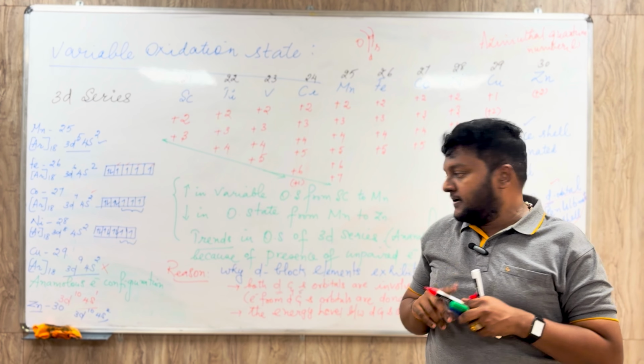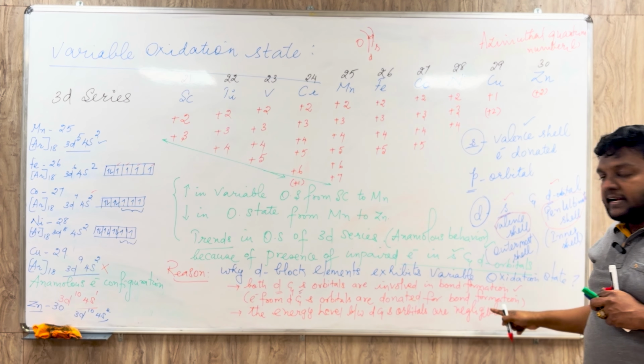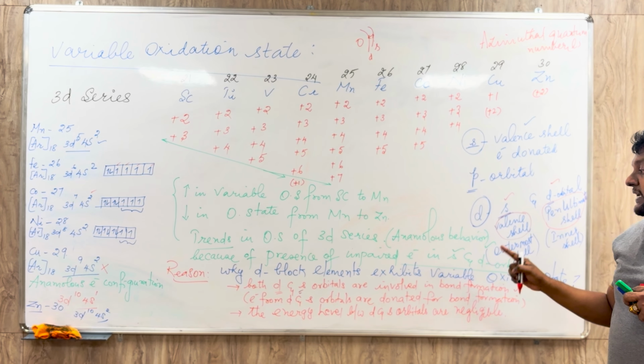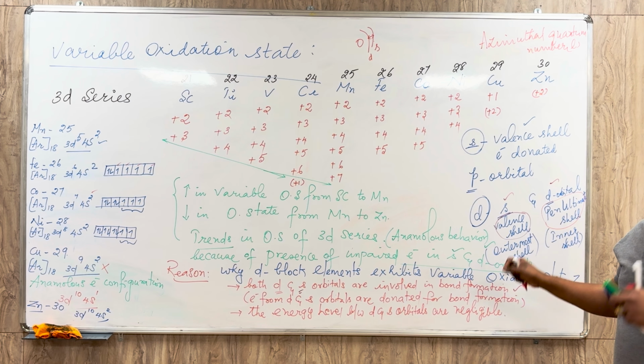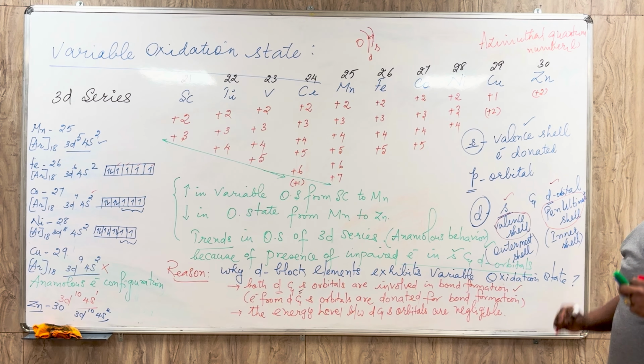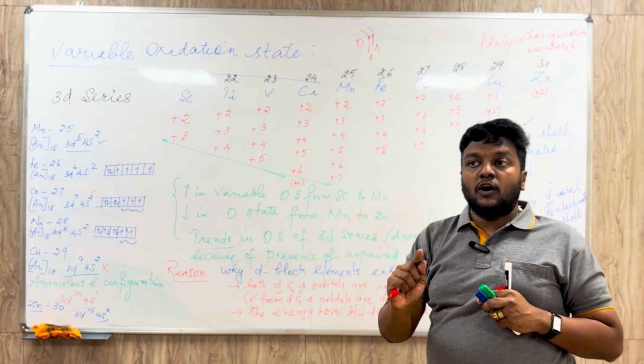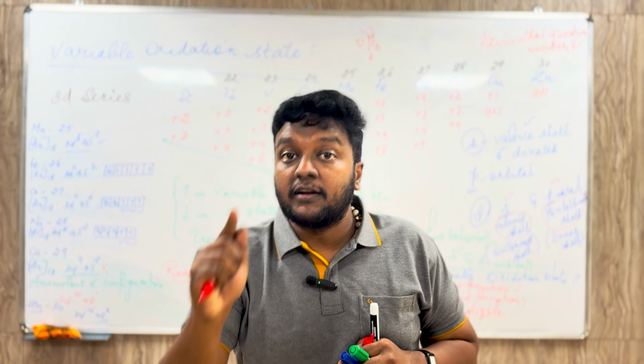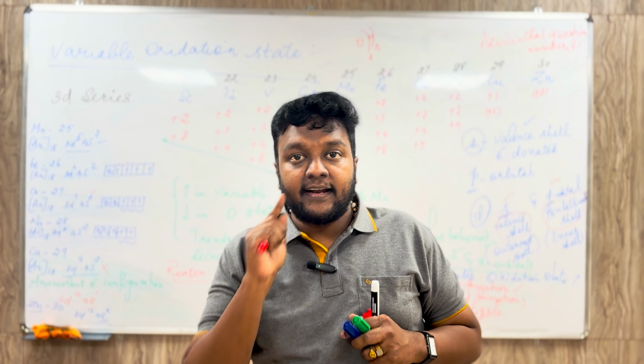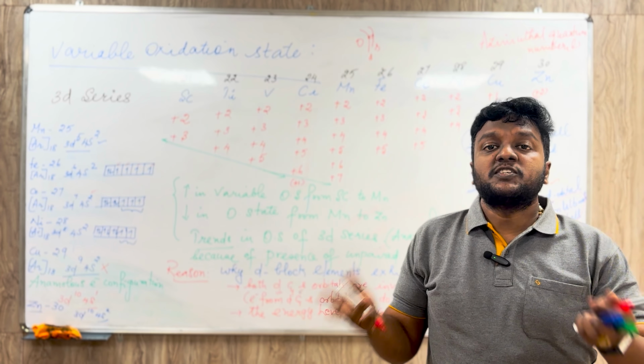Hope you can understand. So first point, what did I mention? Both d and s orbitals are involved in metallic bond formation, isn't it? That means the electrons from both the d orbital and s orbitals are getting contributed, getting donated for the bond formation. How is it possible?